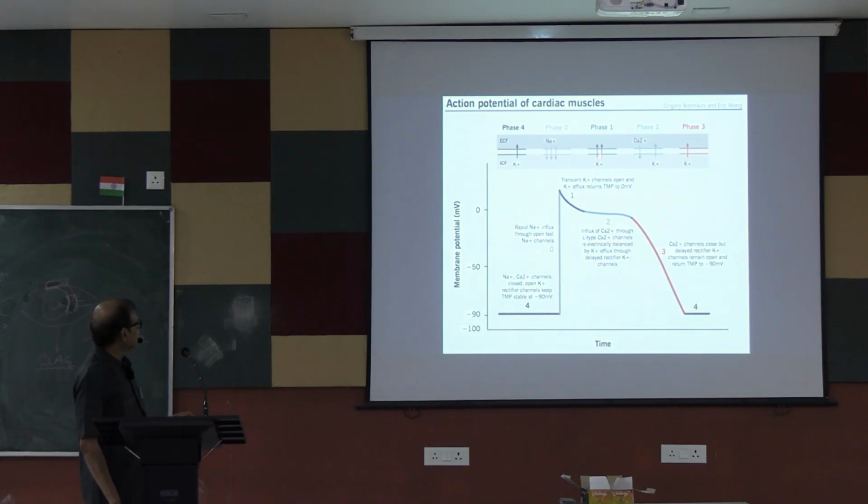This is the transient potassium channel. It opens and potassium efflux produces a reduction in the depolarization and a notch. This is phase 1 and the initiation of repolarization.